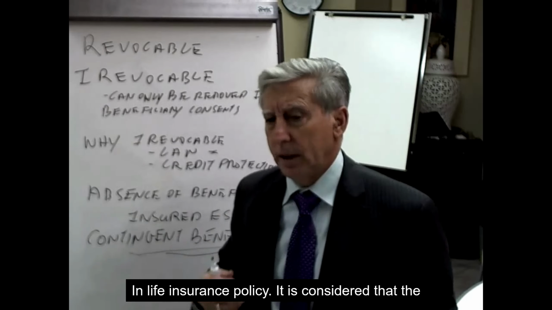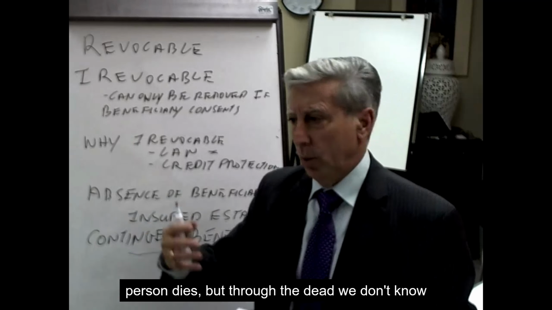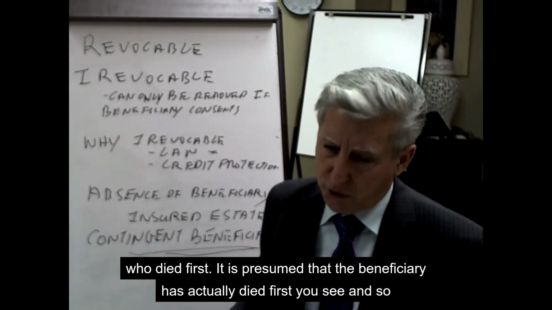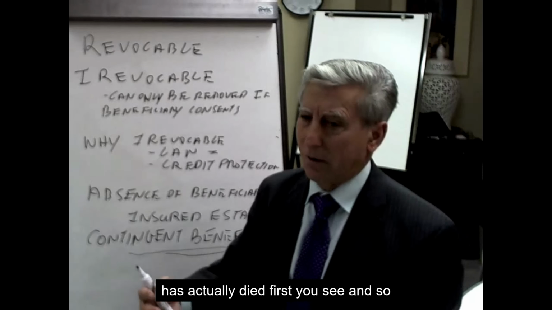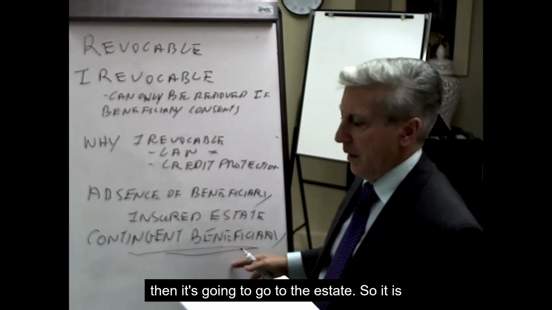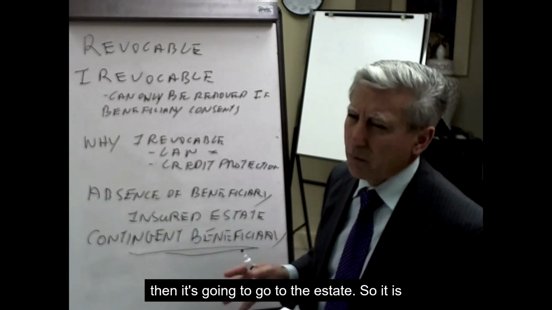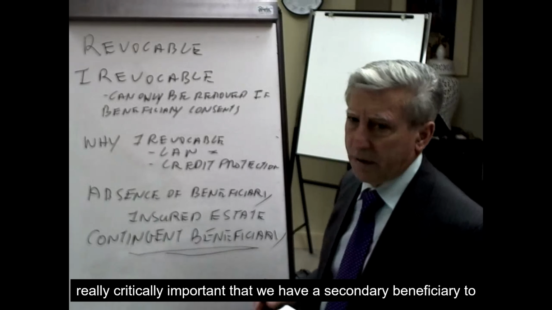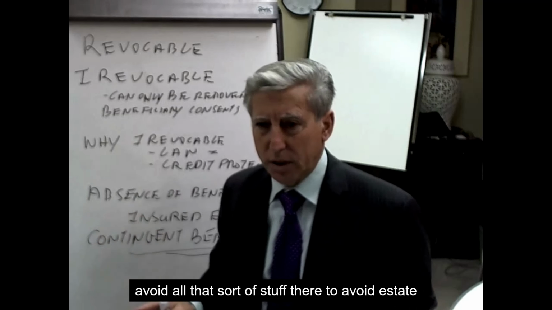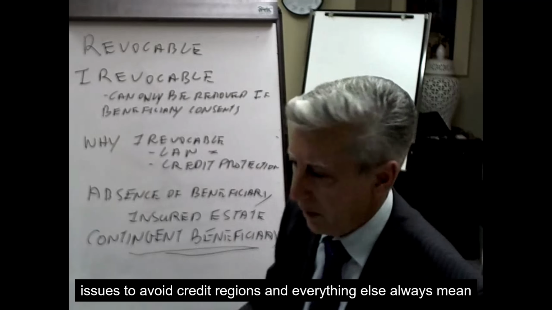So when 2 people are dead and we don't know who died first, it is presumed that the beneficiary has actually died first. And so that's why, once again, if we don't name a contingent beneficiary, then it's going to go to the estate. So it is really critically important that we have a secondary beneficiary to avoid estate issues, to avoid creditor issues and everything else.